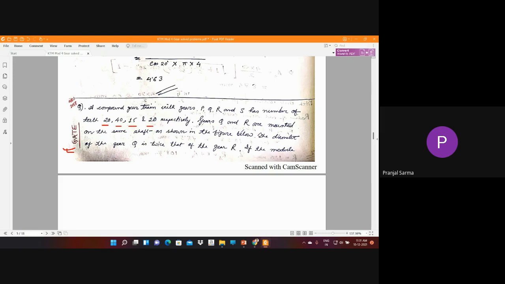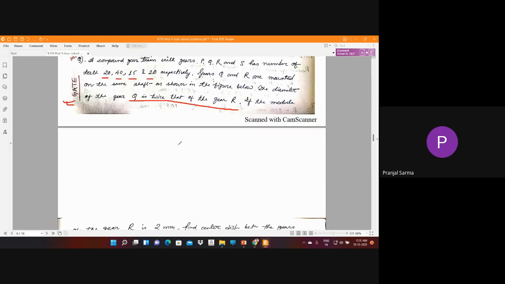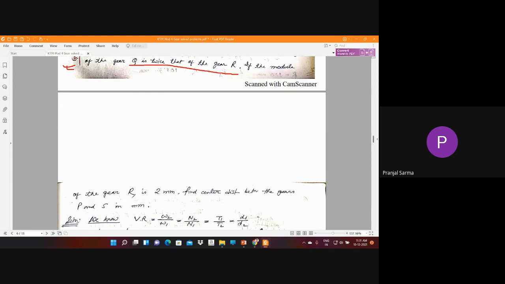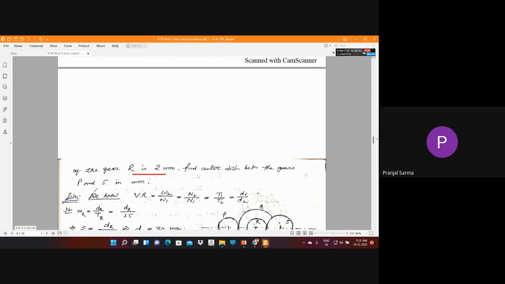Gears Q and R are mounted on the same shaft, that is a compound gear train as in the figure. The diameter of gear Q is twice that of gear R. So the dimensional relationship is given. If the module of gear R is 2 millimeter, find the center distance between the gears P and S in millimeter.